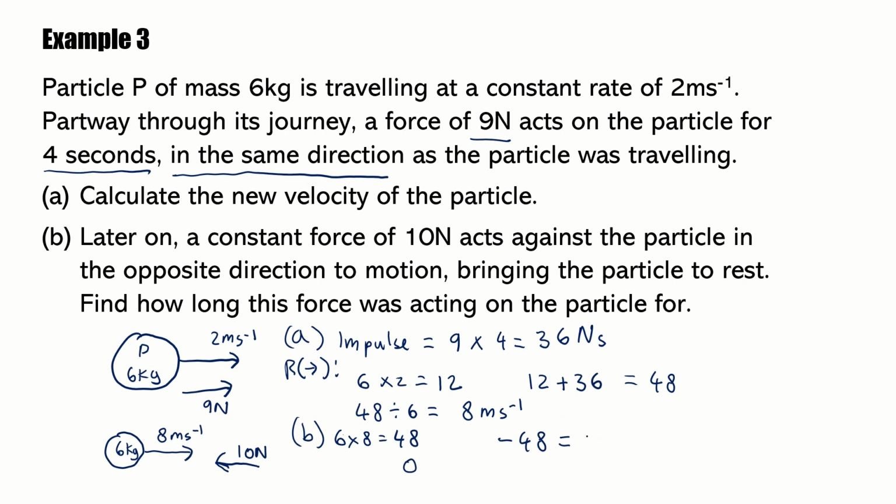We know the force is minus 10 newtons because it's going in our negative direction as well, and this is being multiplied by an unknown time to cause this to happen. So this is a very easy equation to solve. We're just going to do minus 48 divided by minus 10, which of course is just 4.8 seconds, remembering our units of measurement there. Cool, so that's how you can use force times by time to also work out impulse.